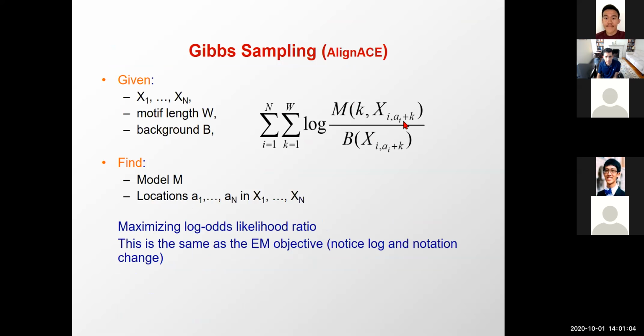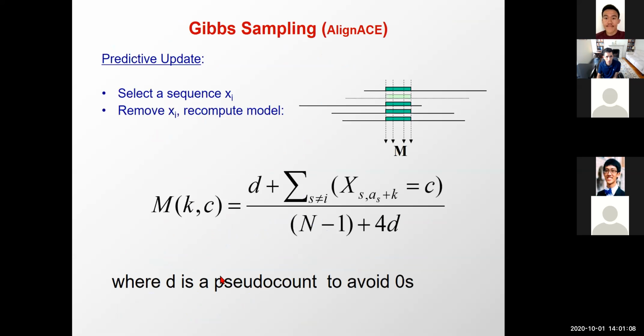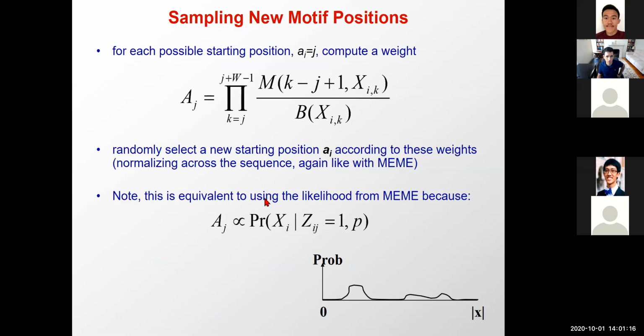So you basically estimate this posterior probability distribution given your model and maximize this. And you're also using pseudo counts to avoid zeros at every step of the iteration.